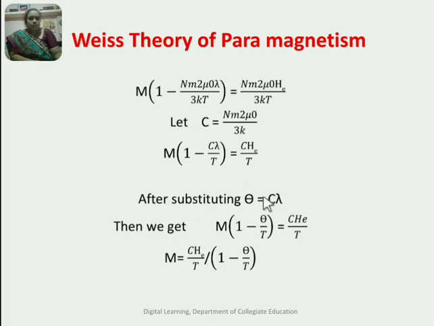After substituting theta is equal to C lambda, we get M into 1 minus theta by T, which is equal to He divided by T. Then M is equal to He by T, taking this bracket from this side to that side, so it becomes M is equal to this expression.